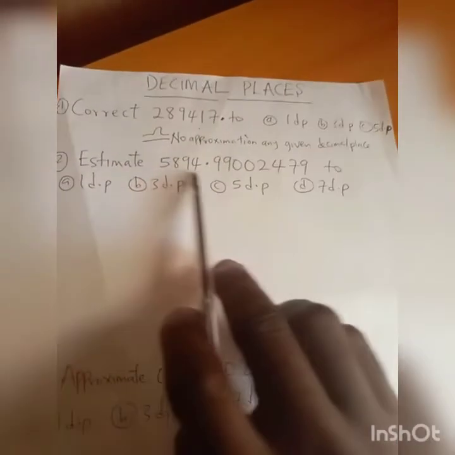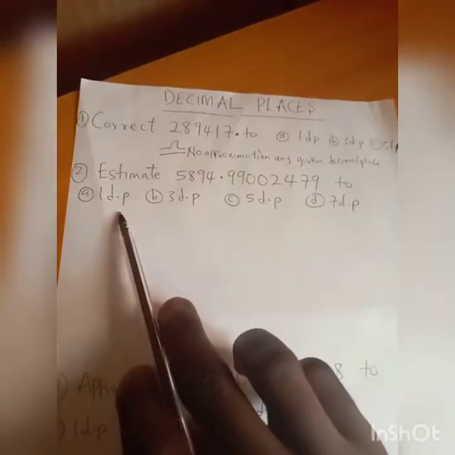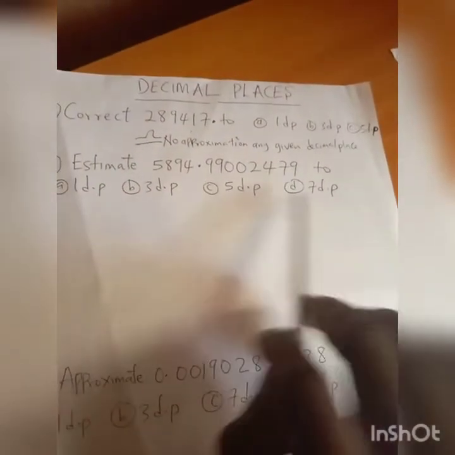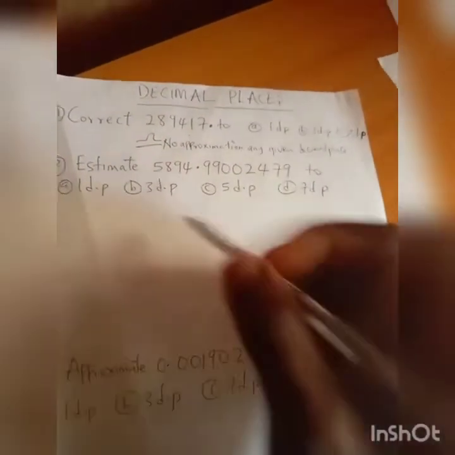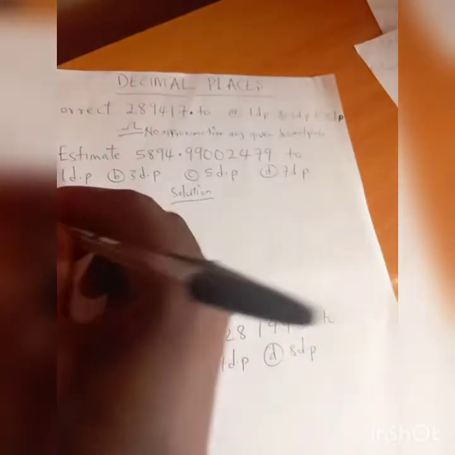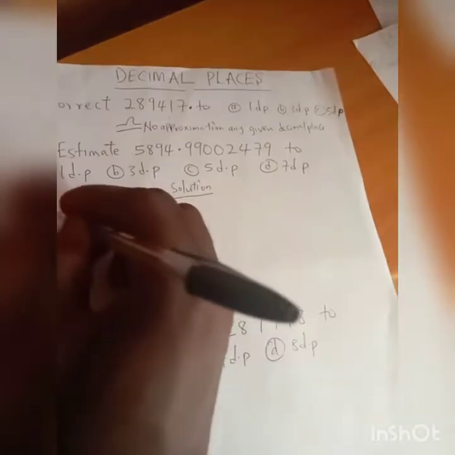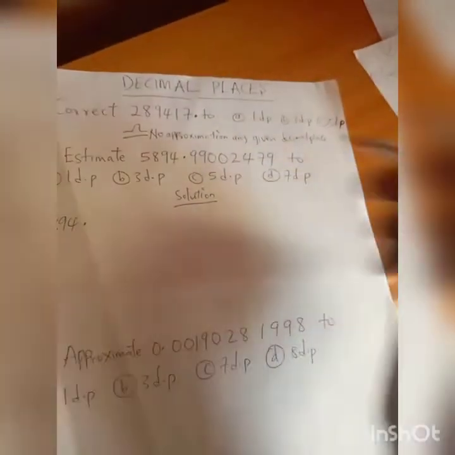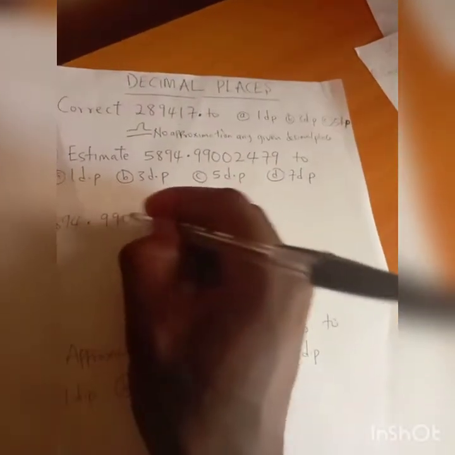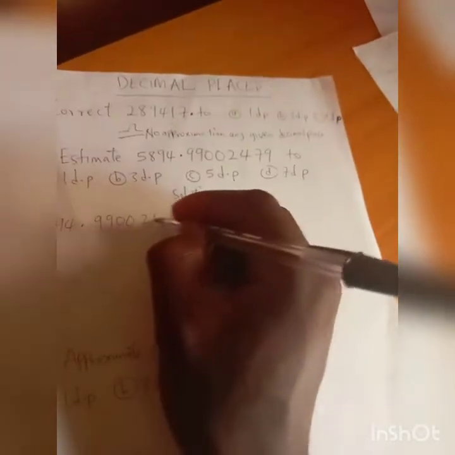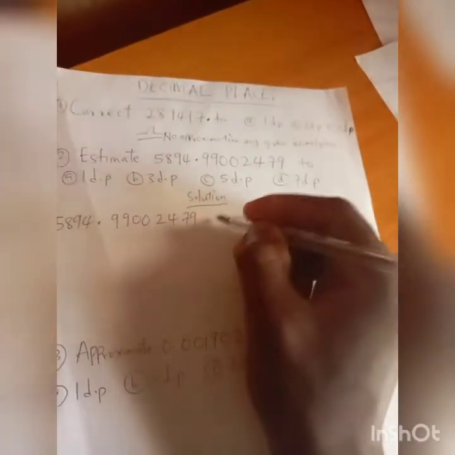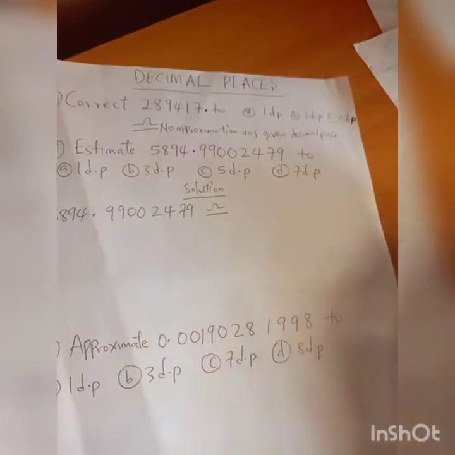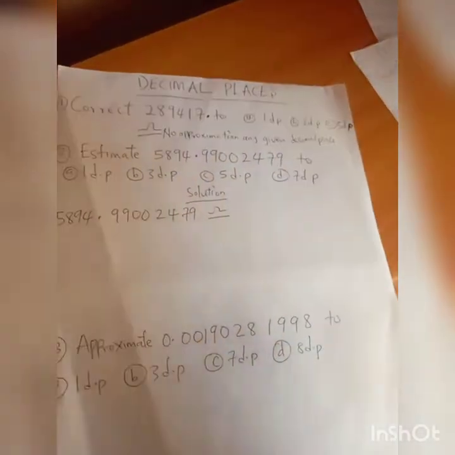We are asked to approximate this to 1 decimal place, 3 decimal place, 5 decimal place, and 7 decimal place. First, I will write the whole number, 5894.99002479, approximated to 1 decimal place.